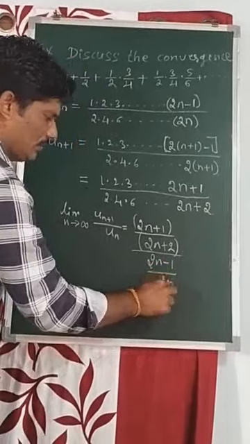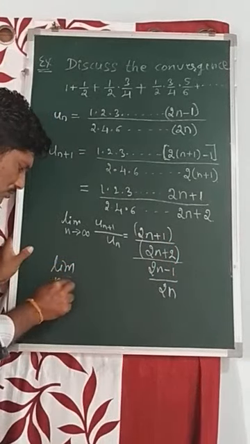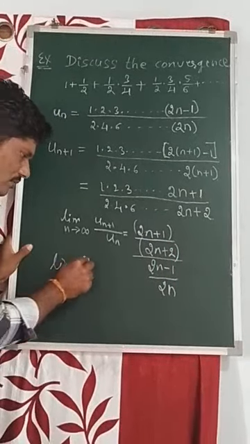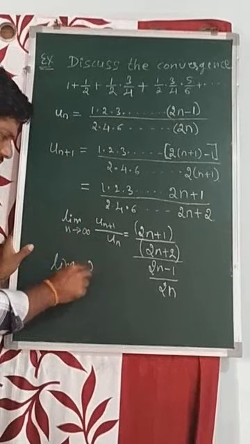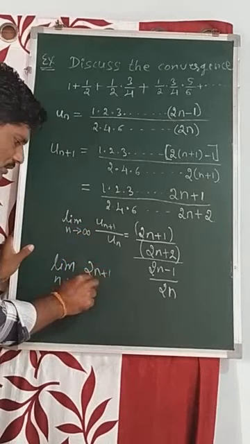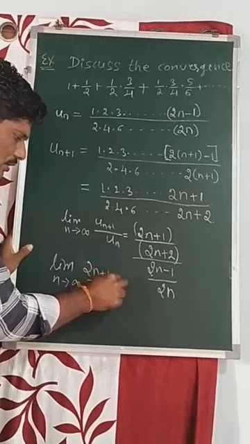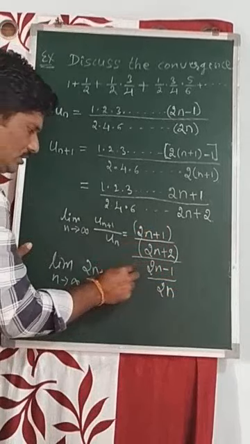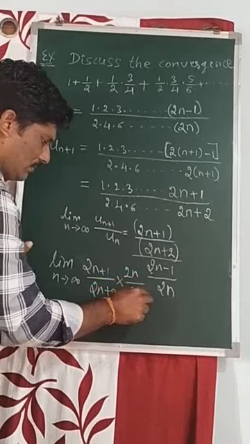Take in the reverse and multiply. Limit n tends to infinity, un plus 1 is 2n plus 1 divided by 2n plus 2, into taking the reverse, 2n divided by 2n minus 1.